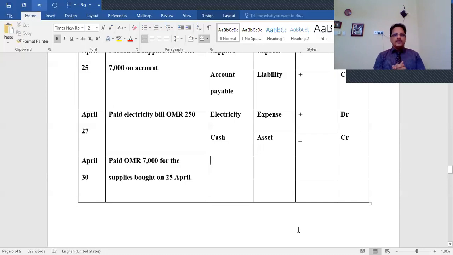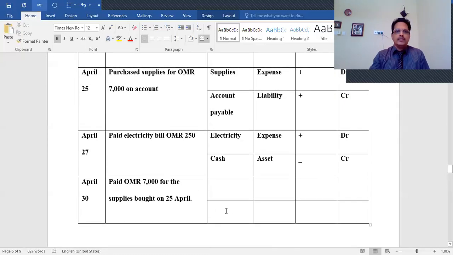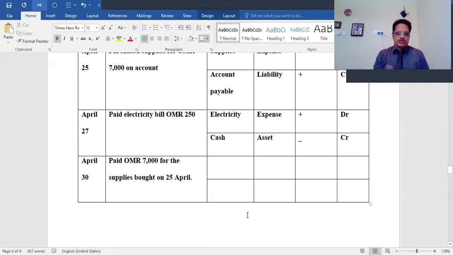Now, paid 7,000 for supplies bought on 25th April. On 25th April you bought supplies, here it is supplies 7,000 real. Now you paid the amount. One is cash. Cash is going out, so credit is cash. That you can write first. And another is, when you purchase supplies and money is not paid, it is your liability.